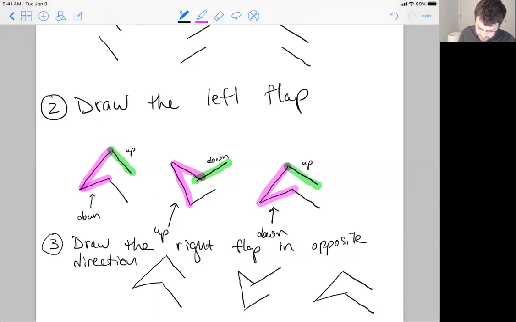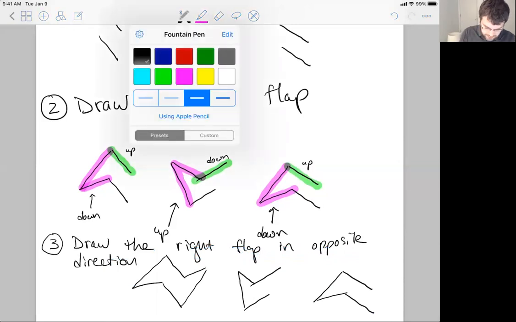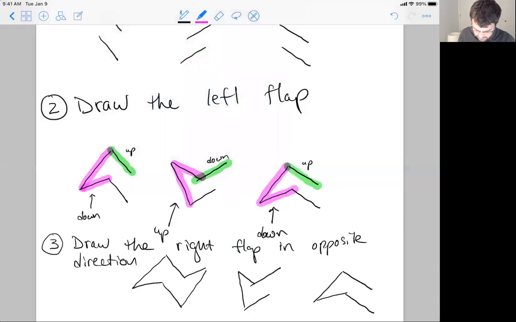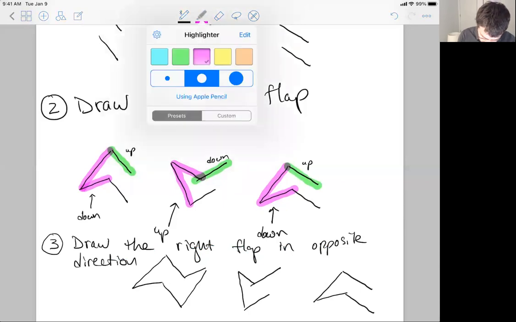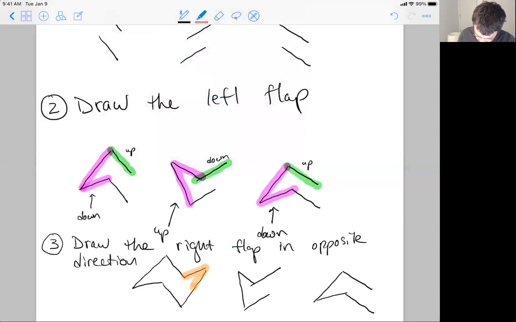Okay, now the right flap is going to go in the opposite direction of the left flap. So if you notice, for the left-handed structure, I had the left flap pointed down, and the right flap now is pointed up. Similarly, I had left flap up, I'm going to have right flap down.